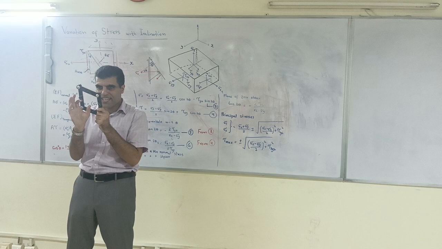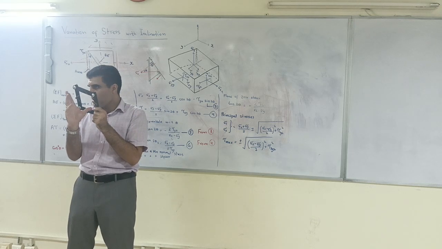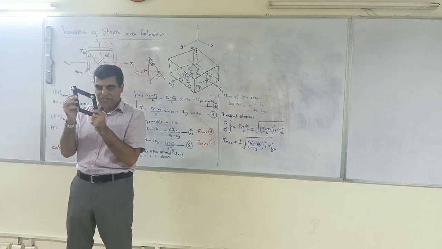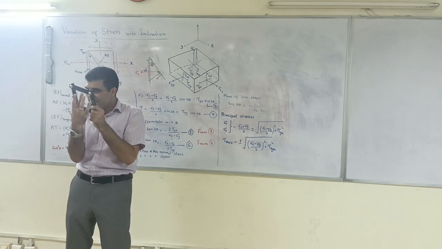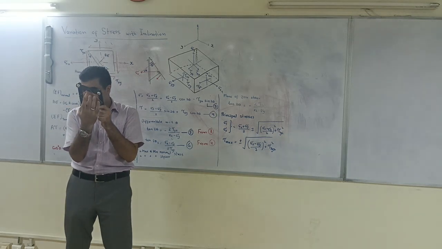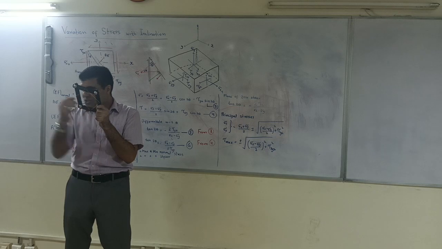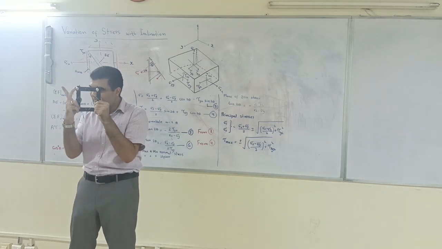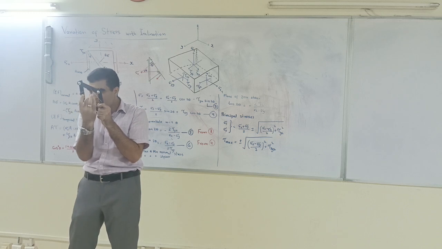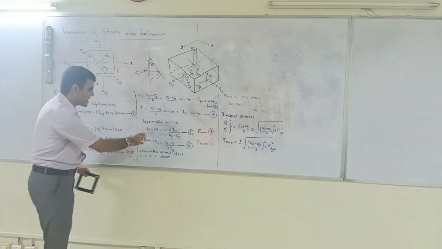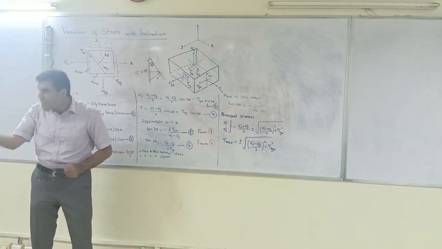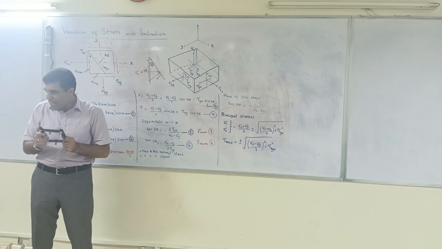Can you see? This is expansion, the axial stress which is tensile in direction. But at 90 degrees, this is squeezing, so I am getting compression. So at one plane I am getting maximum stress, and at the other plane I am getting minimum stress in a different direction, and that's what this equation is telling us. So physically this is also true, it works.